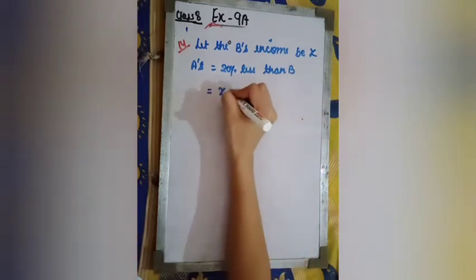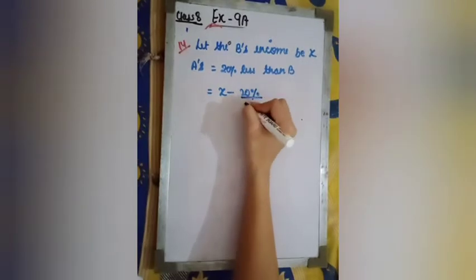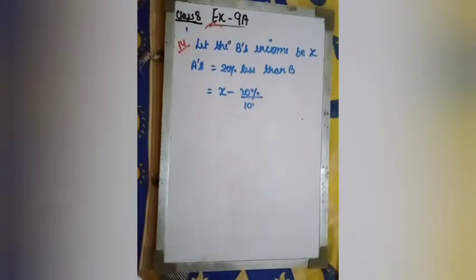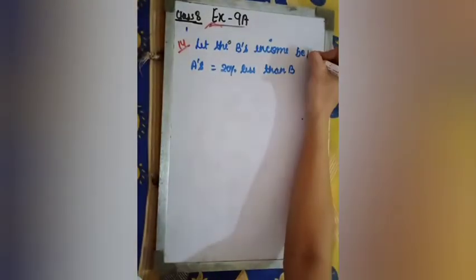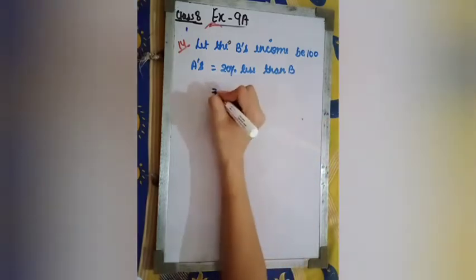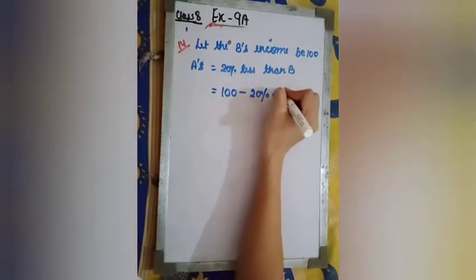So X minus 20% of X. Okay, we can do it like this. Suppose B's income is 100. Okay, so A's income is 100 minus 20% of 100.